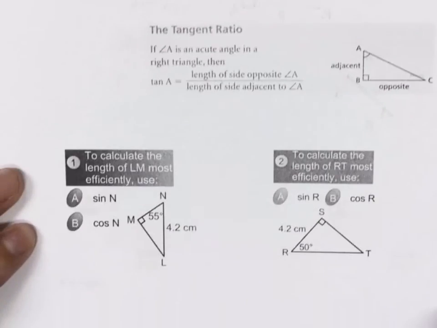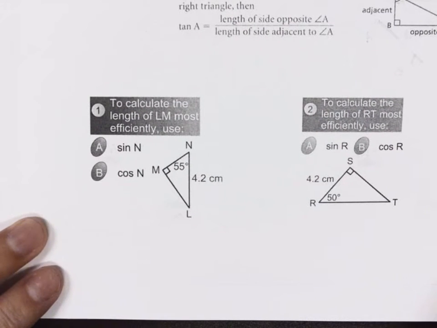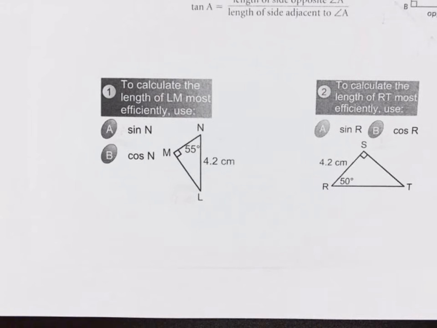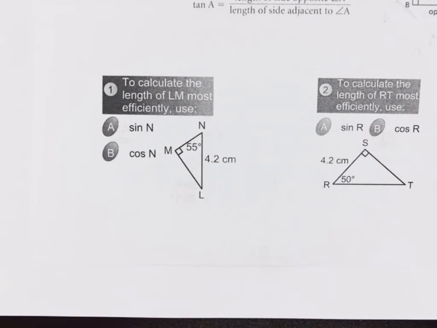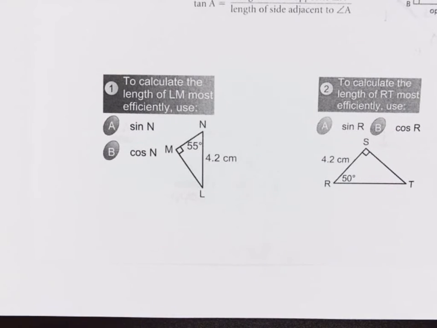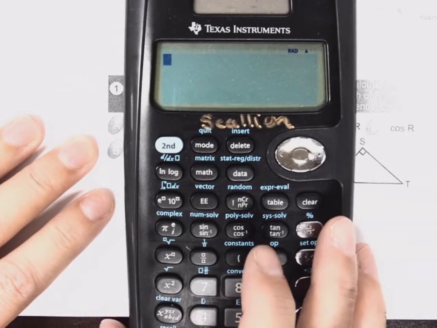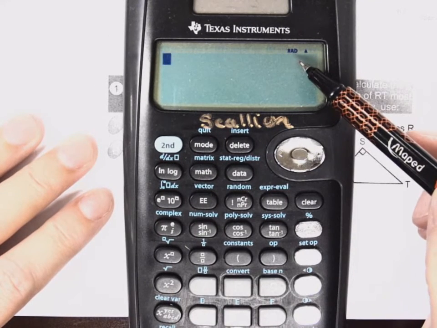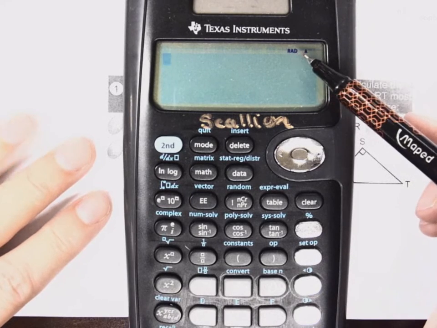Okay, we know how to use our calculator buttons? Do you all have a calculator with you? So in grade 11, we're only going to use degrees. You need to make sure that your calculator is in degrees. If I grab this calculator and turn it on, see up here, it says rad, so that's for radians.